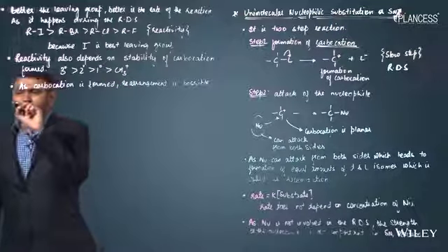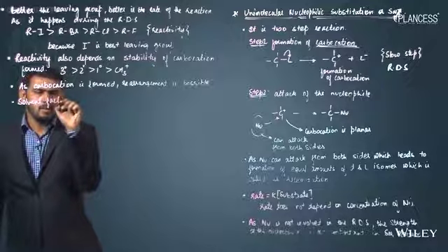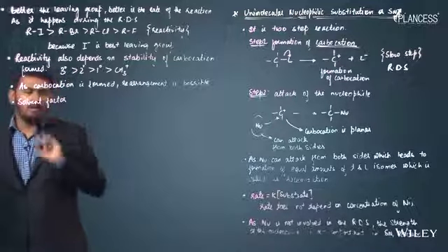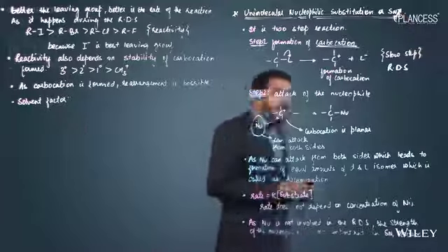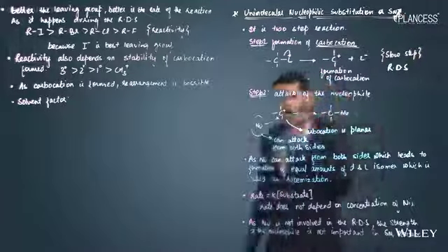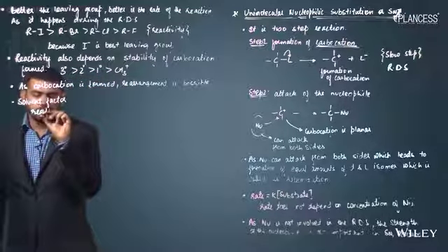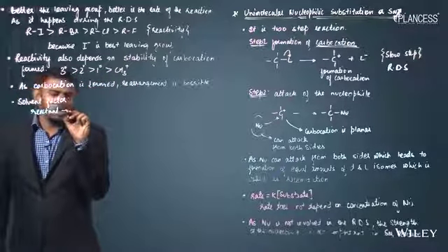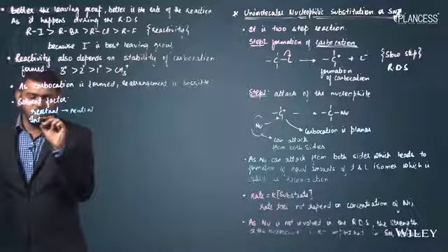Now let's talk about the solvent factor, that is, how a solvent will have an effect on an SN1 reaction. Now see, your reactant is neutral. What is the intermediate which is being formed?